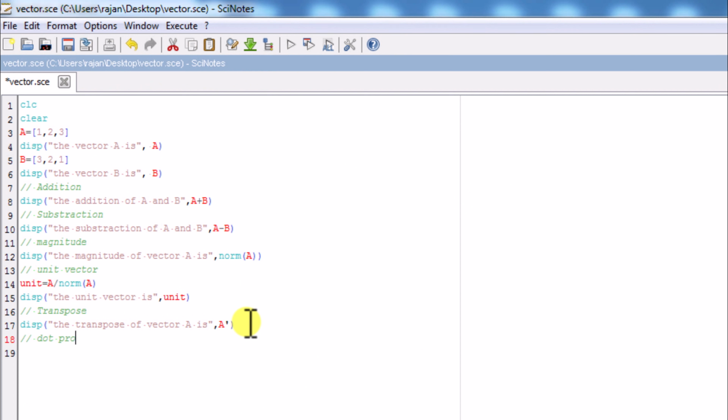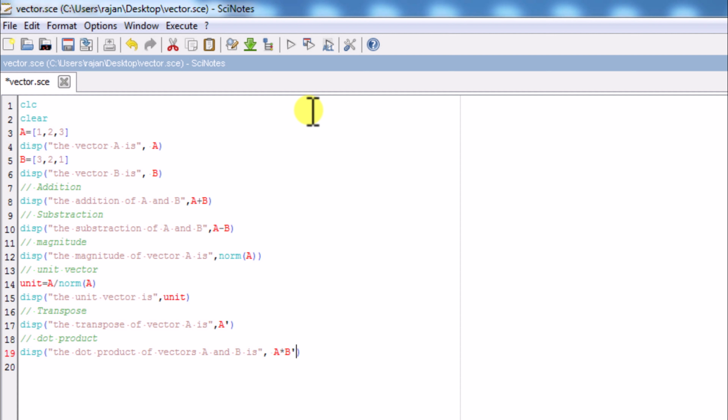Dot product. So this bracket start, double quotes, the dot product of two vectors A and B, comma, A star B prime.